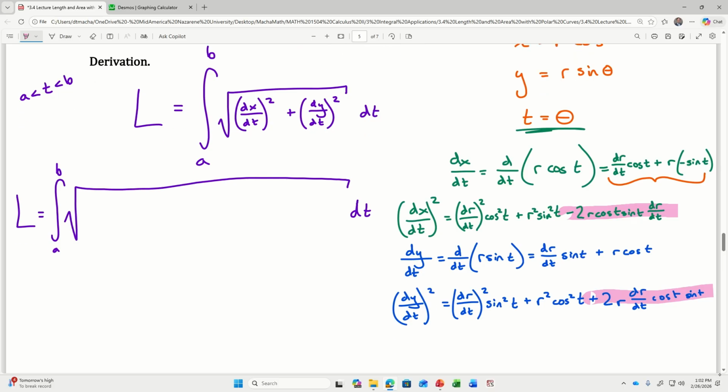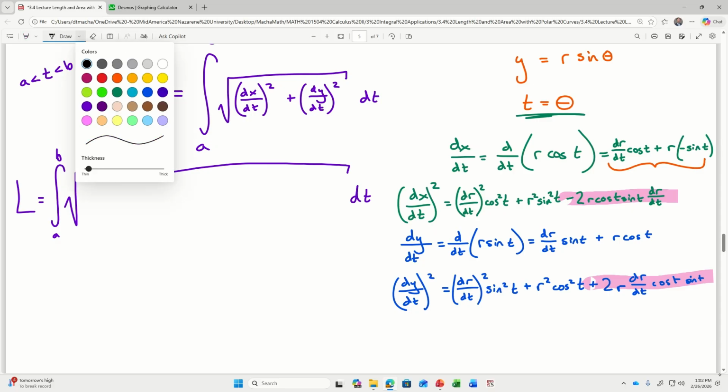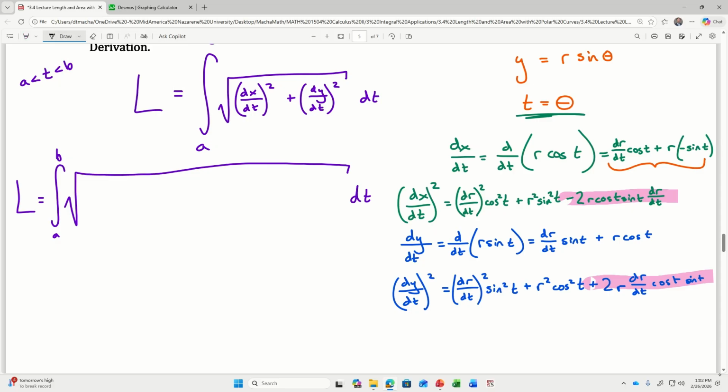And you know what else I'm going to try to convince you of, because I'm a little bit lazy and this could save time. What is cosine squared plus sine squared? 1. So anywhere I see cosine squared plus sine squared, I could just replace it with a 1. And what we're about to do is add the green part plus the blue part.